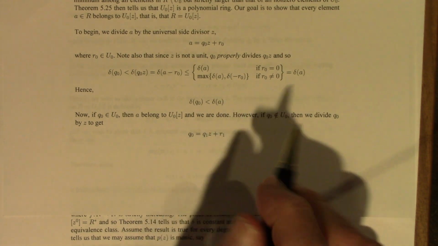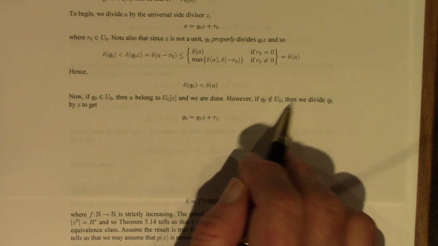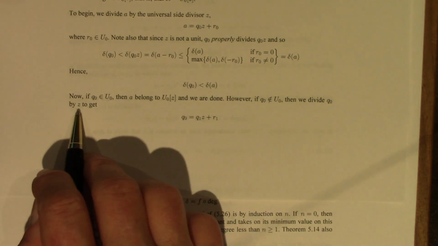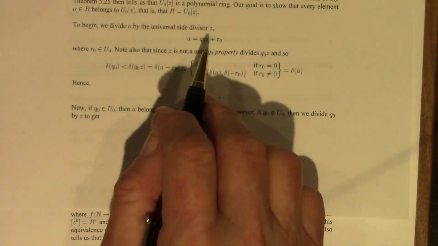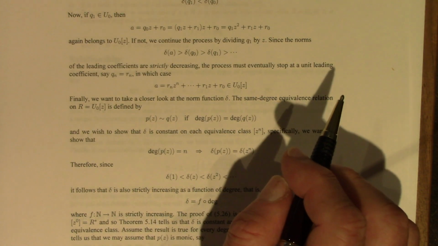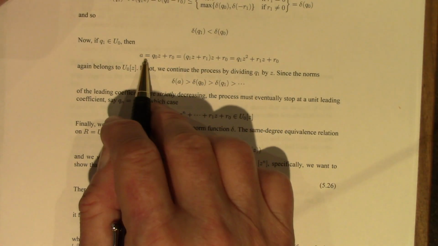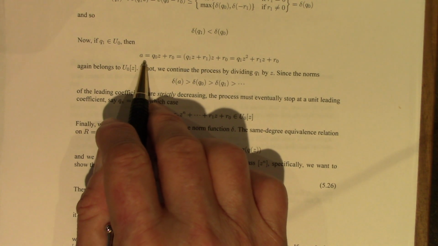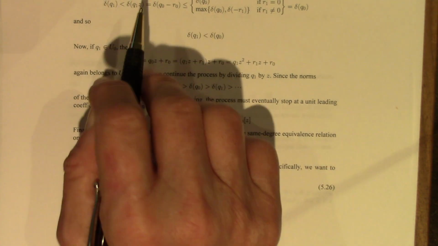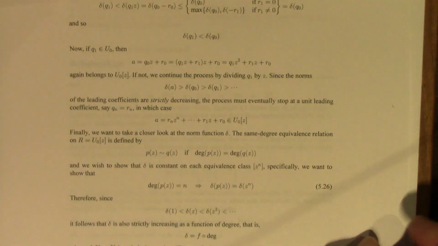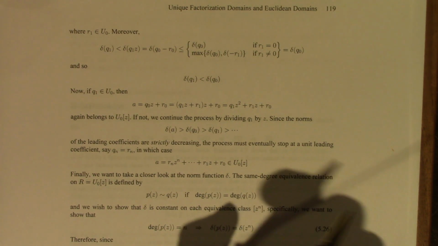If it's not, however, what do we do? Well, we divide Q0 by Z. We get this expression, which we can then plug into this one. And we'll now have a polynomial of degree 2. A is written this way. But we also have to keep track of what's happening to the Q's.